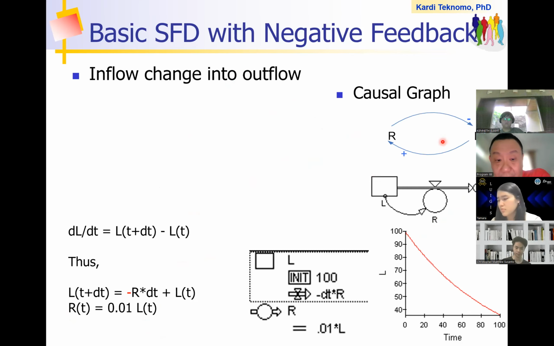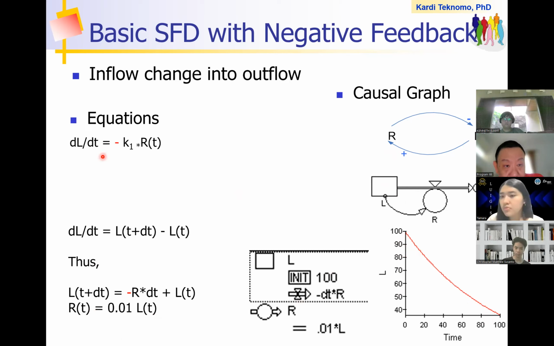So again, I give you an example here: an SFD with a negative feedback loop. We have negative here and positive here. So this is a negative feedback loop, and the curve is stabilized. So you design this rate equation: dL/dt is equal to minus k1 times r, for example.